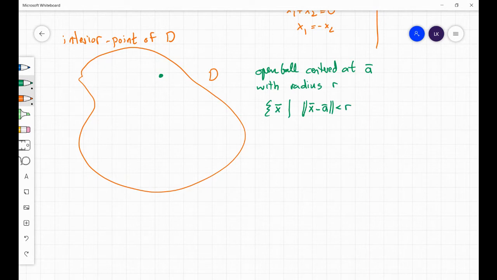So we have a center, we have a radius, and the open ball is all points that are within distance R of point A.